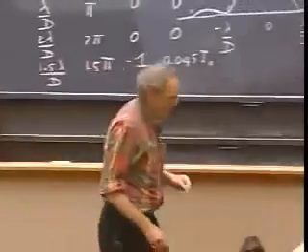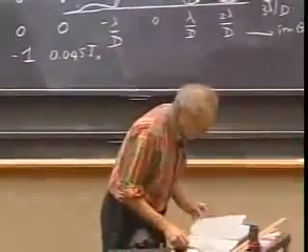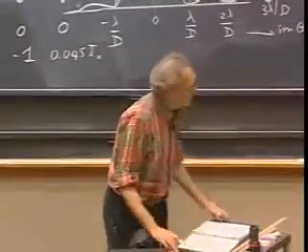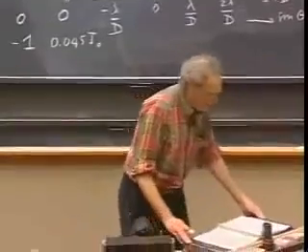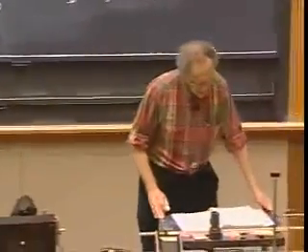All right, so now I want to demonstrate this to you. And the way that we're going to do this is with a slit that we can vary in size.